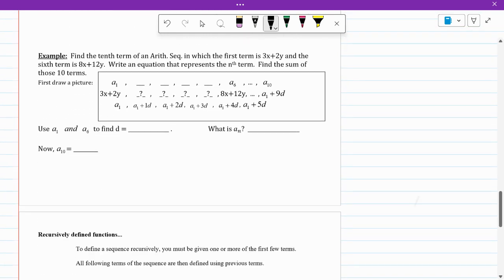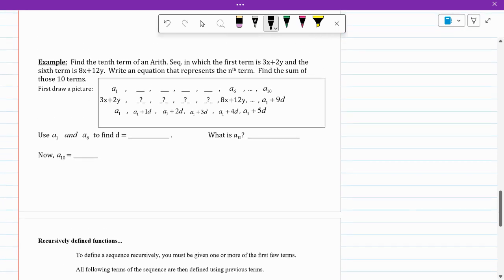Okay, let's look at this example now. Find the 10th term of an arithmetic sequence in which the first term is 3x plus 2y, and the 6th term is 8x plus 12y. So we're going to write an equation that represents the nth term and find the sum of those 10 terms. Okay, so now we're going to use a sub 1 and a sub 6 to find the difference.